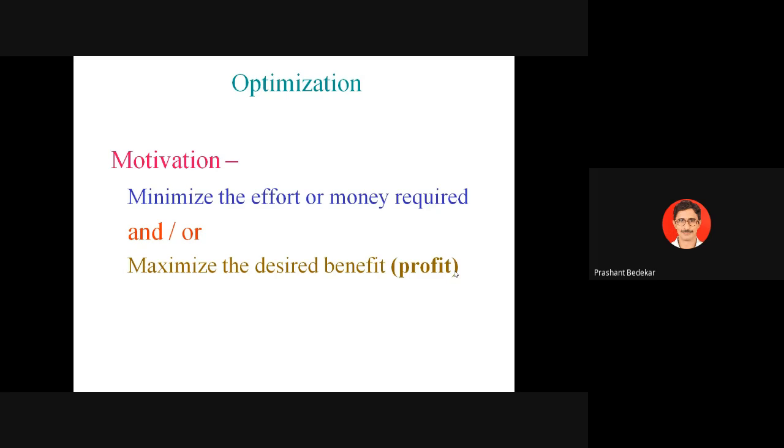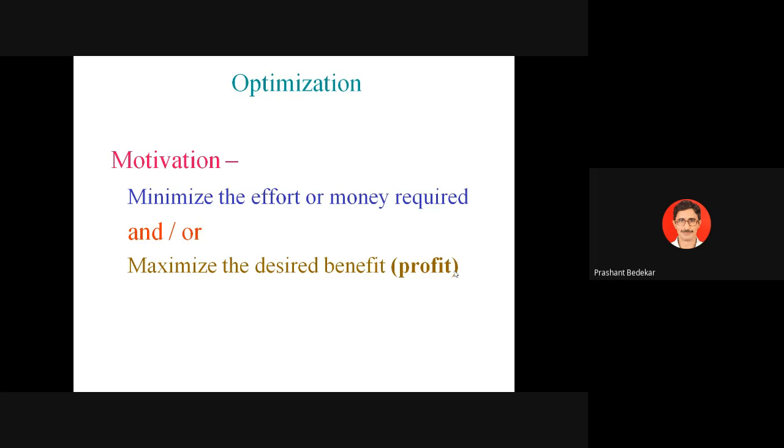The other that can motivate us to study this particular subject is to maximize the profit, to maximize the desired profit, to maximize the benefit, to maximize the output, to maximize the efficiency. That is the motivation. Basically, whenever you are thinking to minimize something or maximize something, it is an example of optimization.